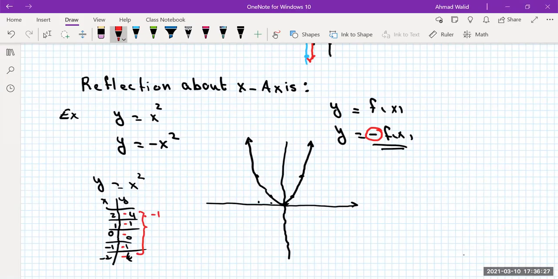It gives you the reflection. 0, 0, 1, negative 1, 2, and negative 4, 0, 0, negative 1, and negative 1, negative 2, and negative 4. This will be the reflection of that graph.